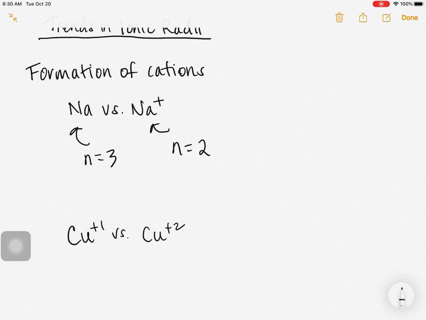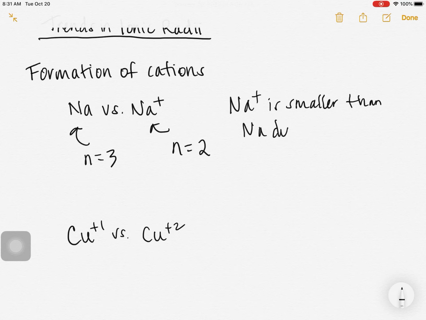Because Na+ now only has valence electrons in n equals 2, it is naturally going to be smaller than the neutral sodium atom because the energy levels are closer to the nucleus. So this is a pretty simple case where, because the energy level has changed, the cation is smaller than the parent neutral atom.